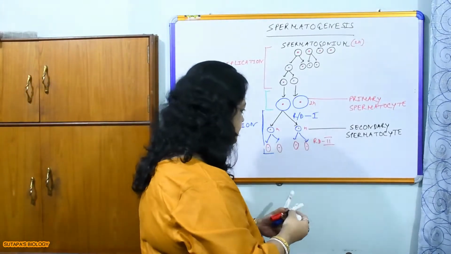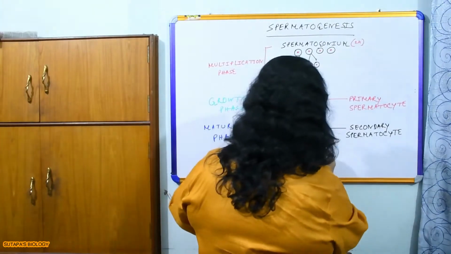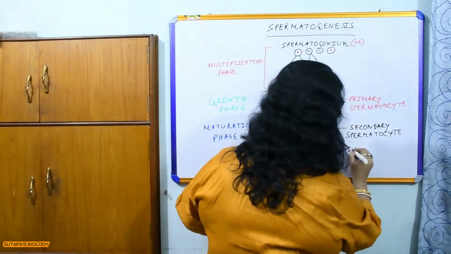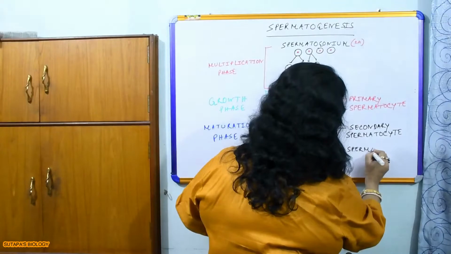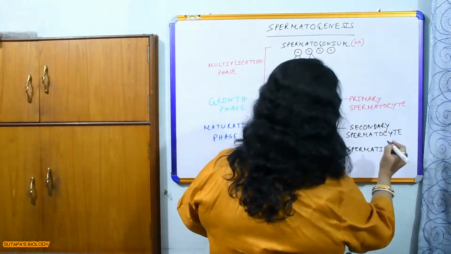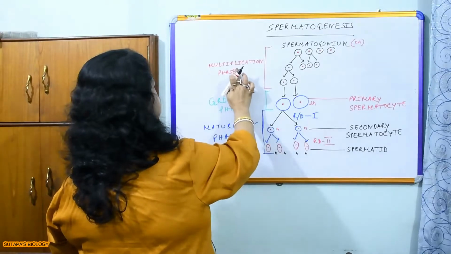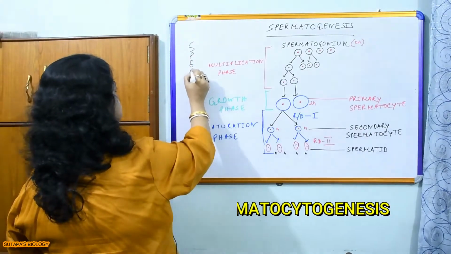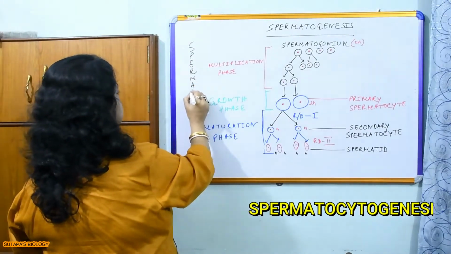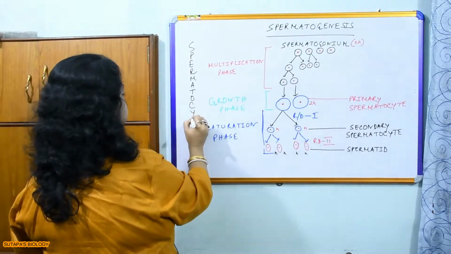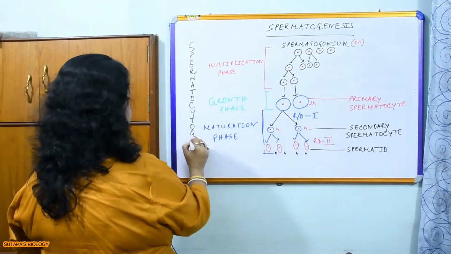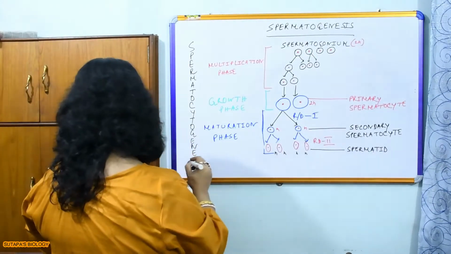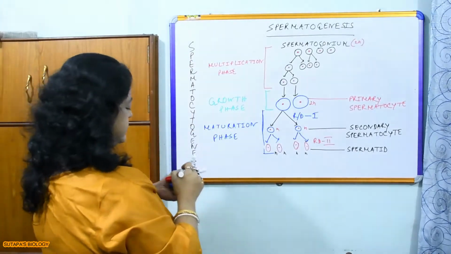I am writing that this is spermatid. Up to this division is completed, that is spermatocytogenesis.